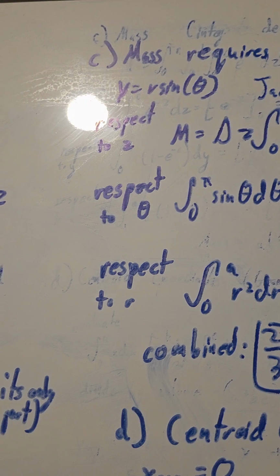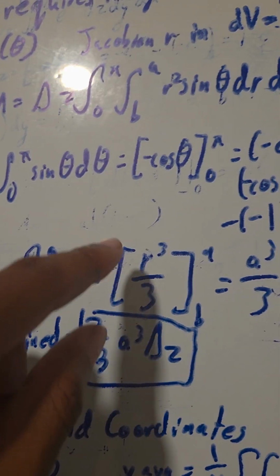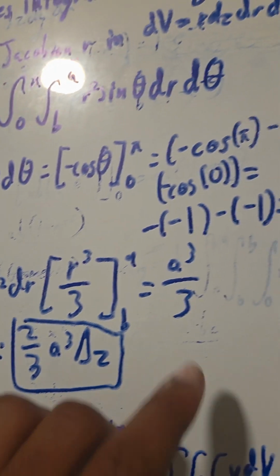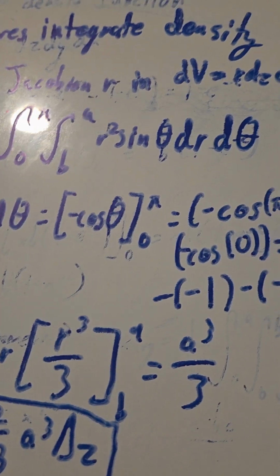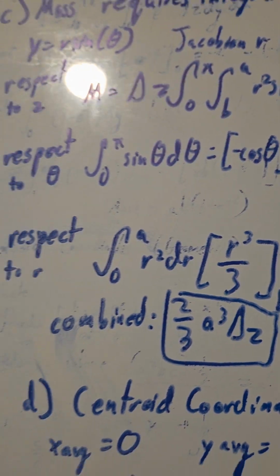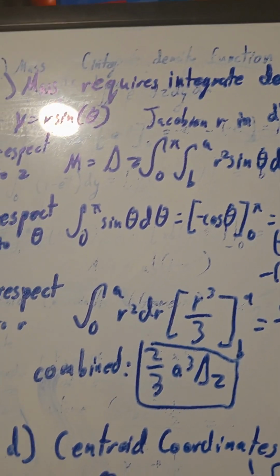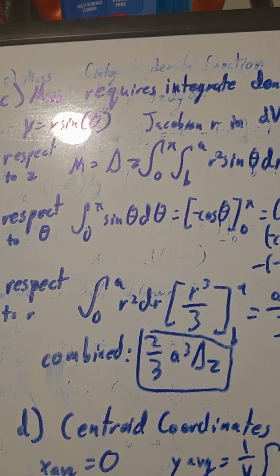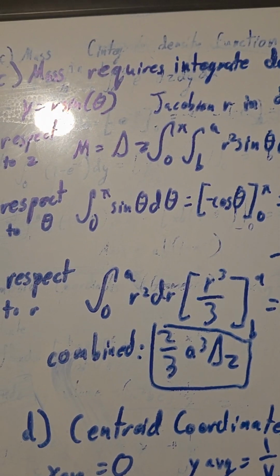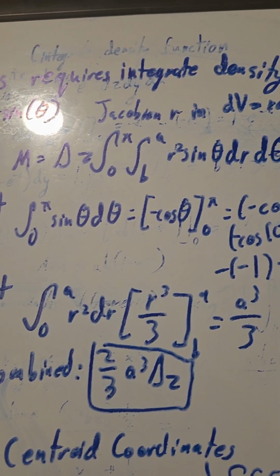Then with respect to the radius r, you get r squared dr, which goes to r to the third over 3. From 0 to a, that's a to the third over 3, because the 0 cancels out. Multiplying all of those terms, you get 2/3 times a to the third times change in z, and that's the answer for the mass.